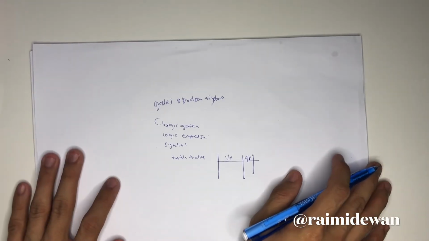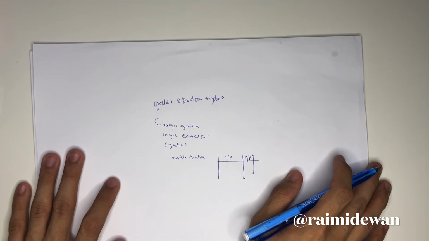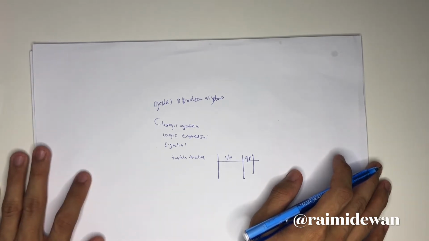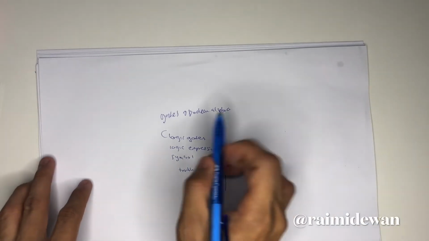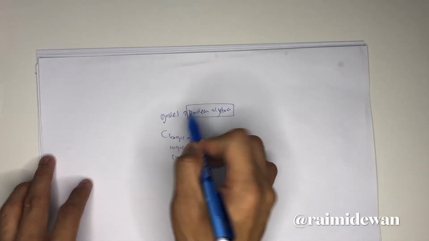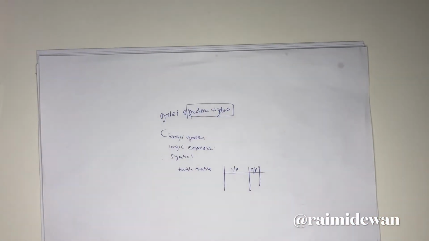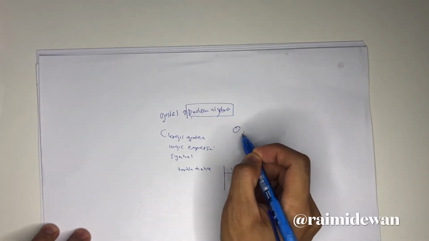Logic gates are primitive or fundamental building blocks for all digital circuits. They can be described by Boolean algebra, which we will learn throughout the lectures later on. We will have logic circuits, using only two values, which are 0 or 1.